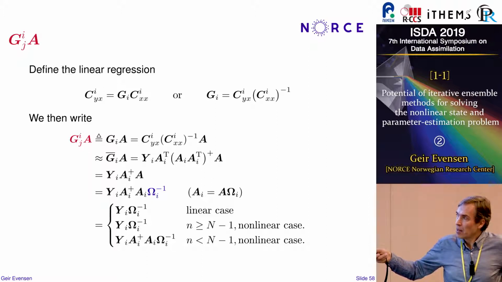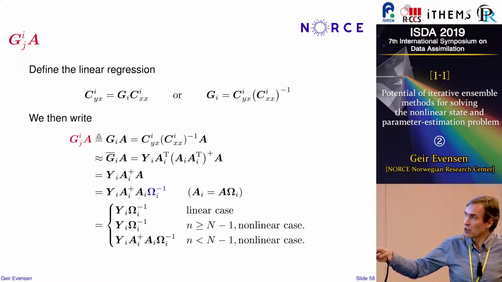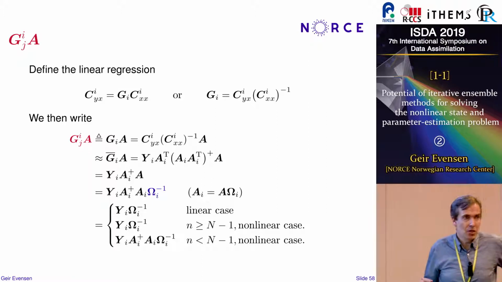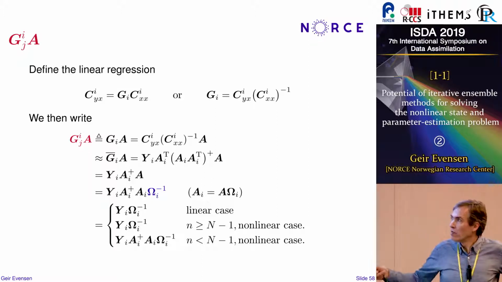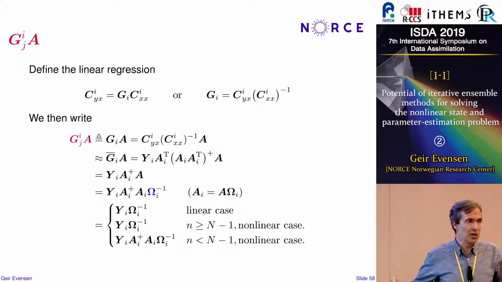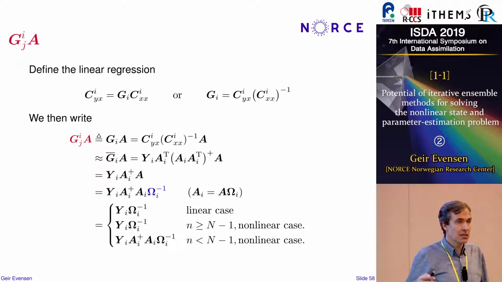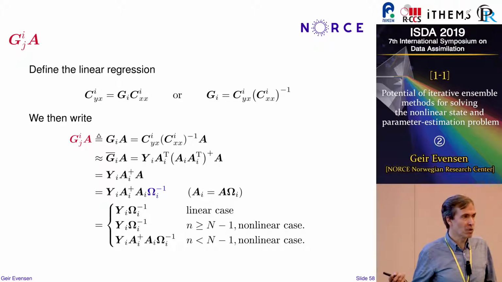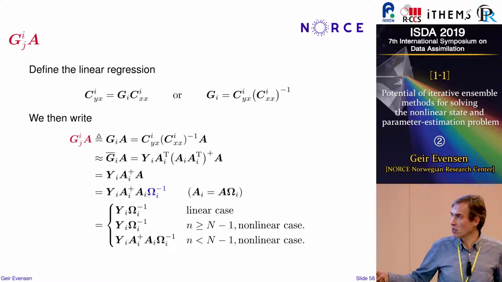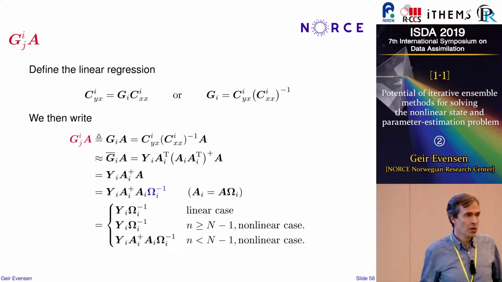And then we can show that this product disappears in all but a trivial case. If your model is linear, then this one disappears. If the model is nonlinear and you have a larger state space than the number of realizations, it disappears. Only in the case when your state space is smaller than the number of realizations, you have to retain it. But that's a trivial case, because in that case this is so small that it's easy to compute.